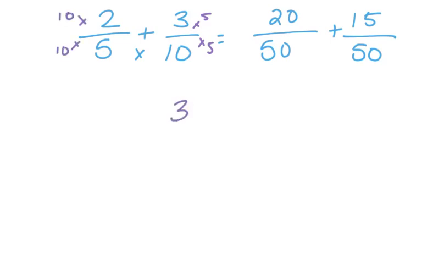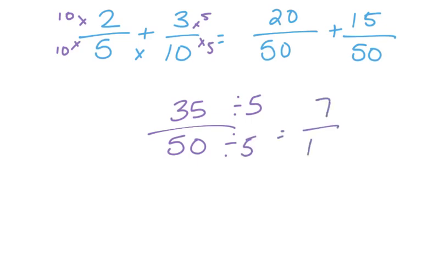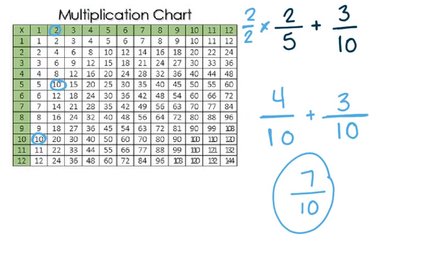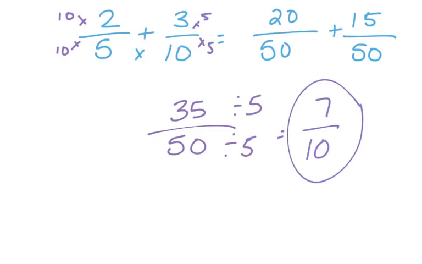And then you would have had 35 over 50, and now you have to reduce. So you can divide by 5, which gives you 7/10. Same answer, but we saved ourselves a step. Okay? If that confused you, please stick to using the easiest common denominator. If this makes sense to you, by all means save yourself a step and do this.